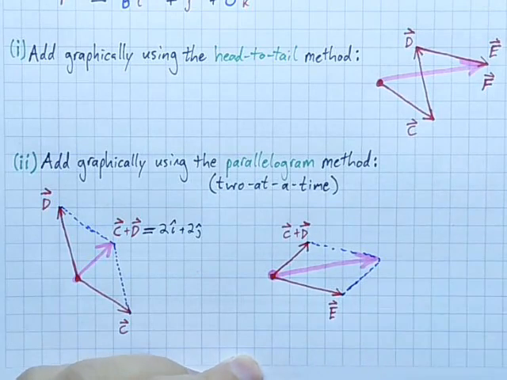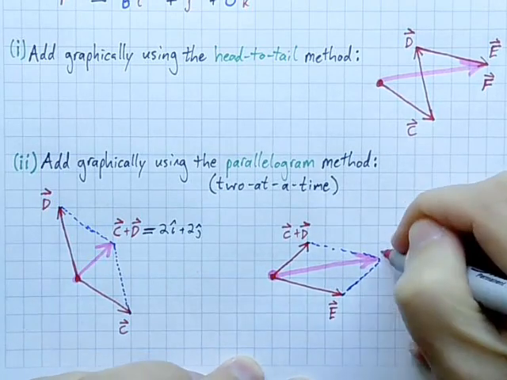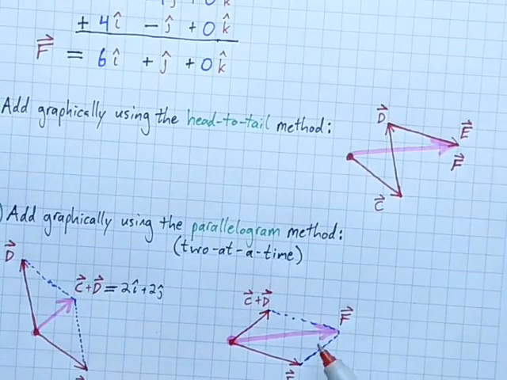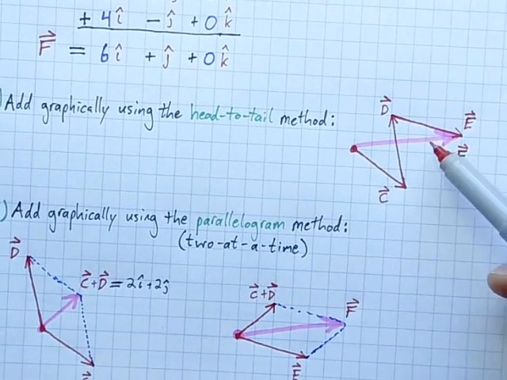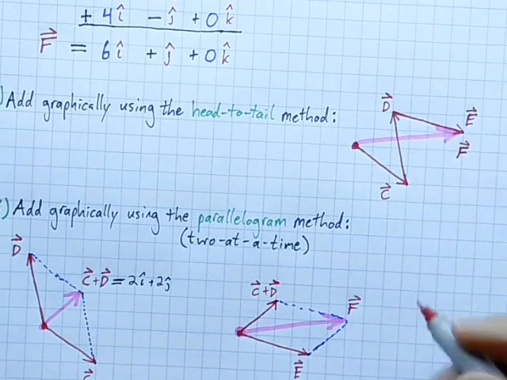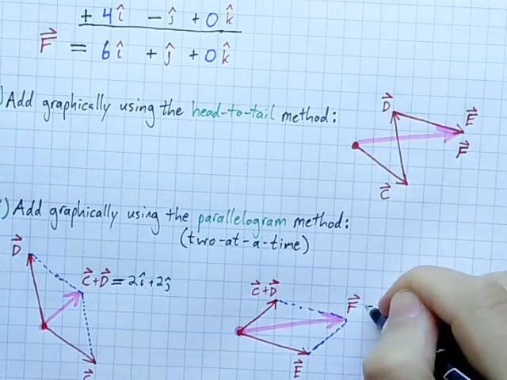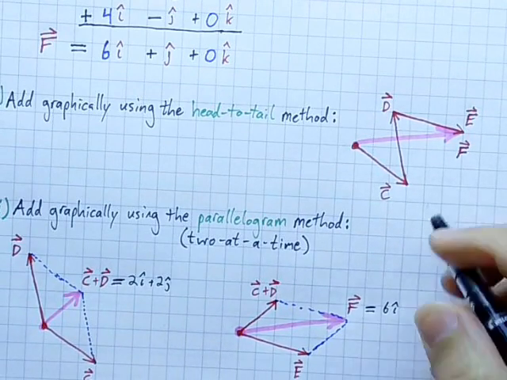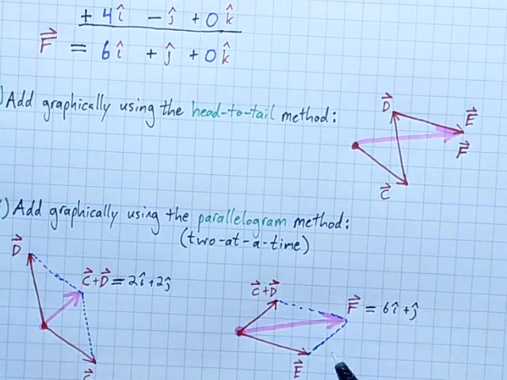So that vector in pink there, that is vector F. And you can see that it matches the vector F that we got from the head to tail method. So of course we get the same answer using either method. F here would be expressed as 6 i hat, 6 units in the x direction, plus j hat, 1 unit in the y direction.